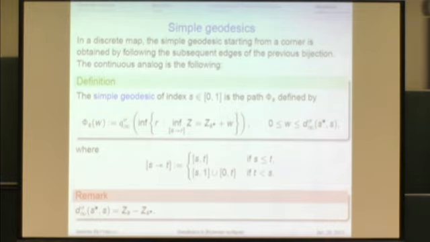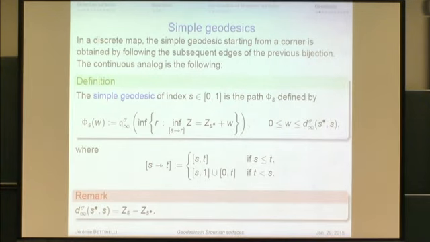First, there is a very simple way to construct geodesics in a map. If you recall the embedding, I said that you started from a corner with label L, and you looked for the next one with label L-1, and you draw an arc.